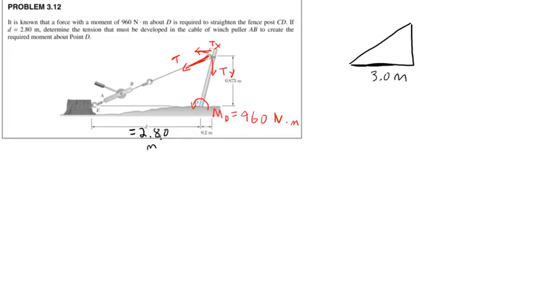This comes from the 2.8 meters to the point D plus the additional 0.2 meters, the horizontal distance here. And then this is 0.875 meters. Then I want to find this hypotenuse, so I'm just going to use my old friend, the Pythagorean Theorem. 3 squared plus 0.875 squared, and I get 3.125 meters.